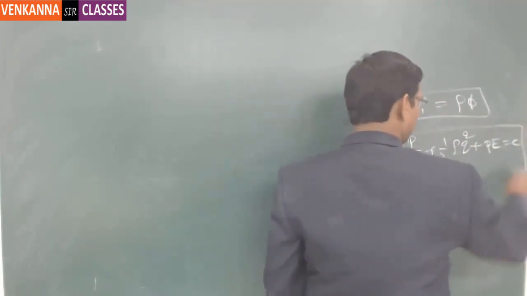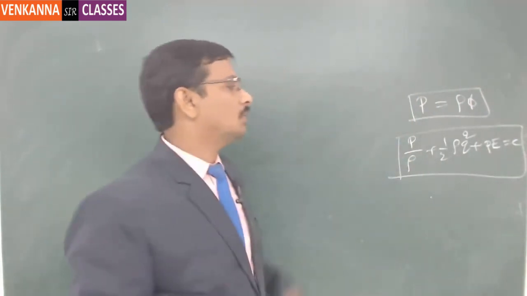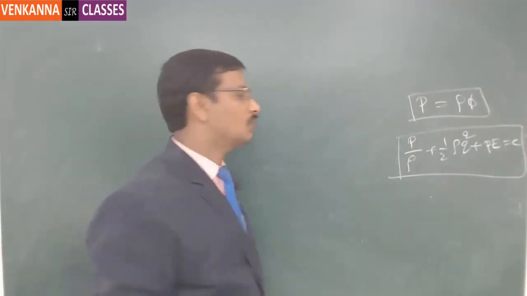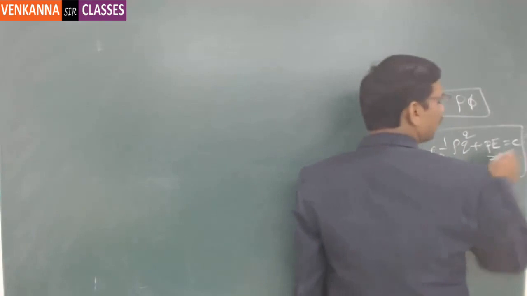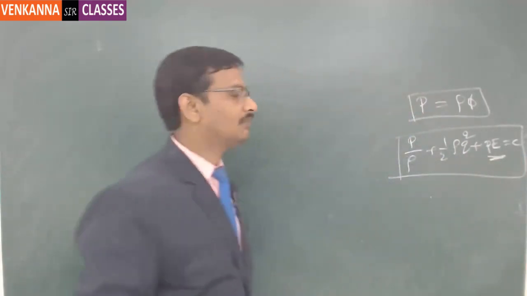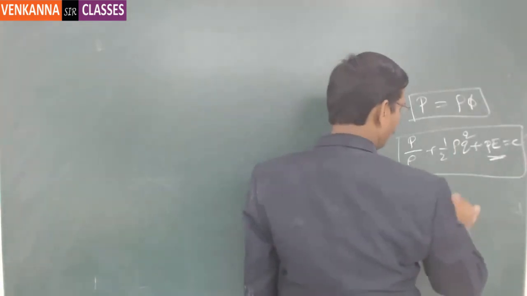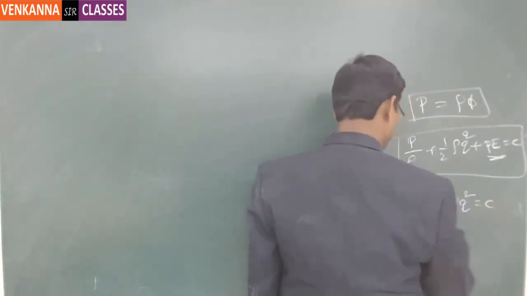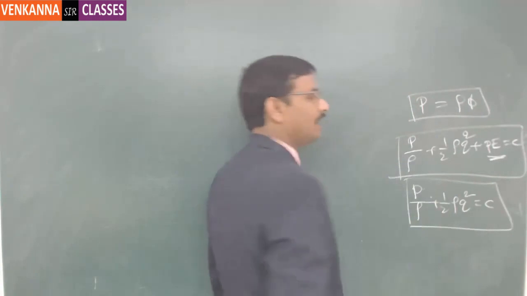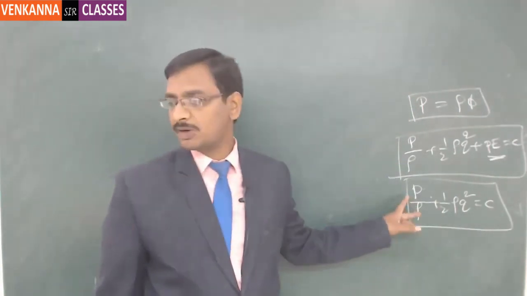Most of the problems we deal with are at the same height, so the potential energy is constant. So usually we treat this as P by rho plus half rho Q square equal to constant. Based on this, we will relate the velocity with respect to the pressure.